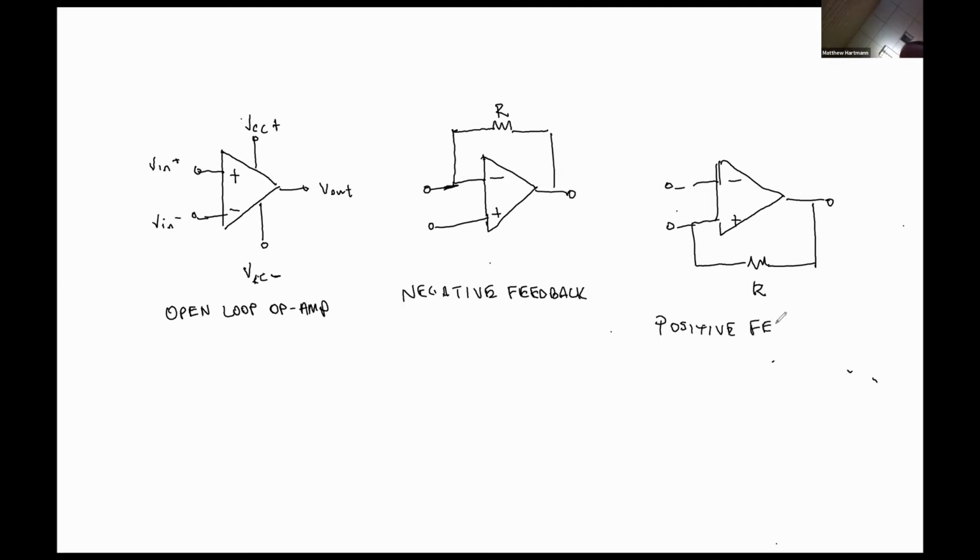So in this class, we actually start by looking at the behavior of open loop op-amp circuits, and then go towards positive feedback circuits because their behavior is extraordinarily similar, before finally settling on the behavior of negative feedback circuits. And the notes that I've posted, so I think the one that's called Lecture 2 primarily focuses on open loop op-amps.